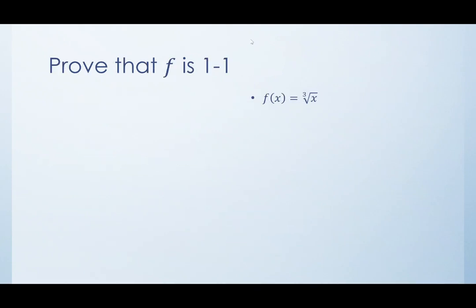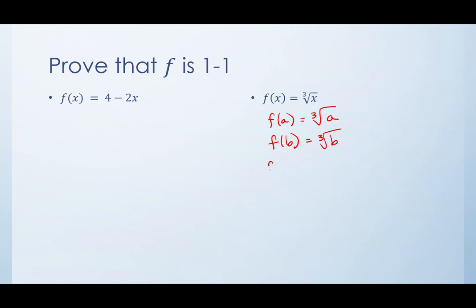So we're going to show this algebraically by doing basically what we said. Let's pick a point a, and we're going to plug that into the function. We're going to get cube root of a. We're going to pick an unknown point b, it doesn't matter, it's just generic, and f of b is cube root of b.